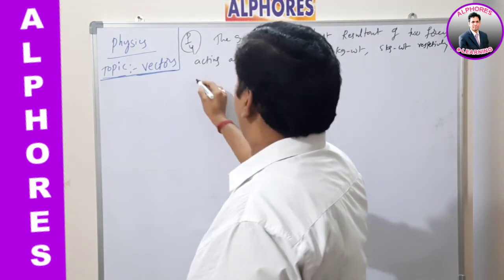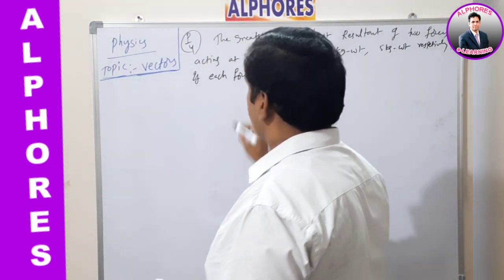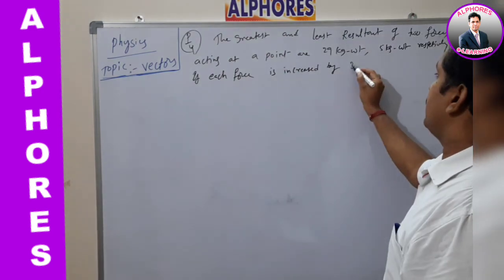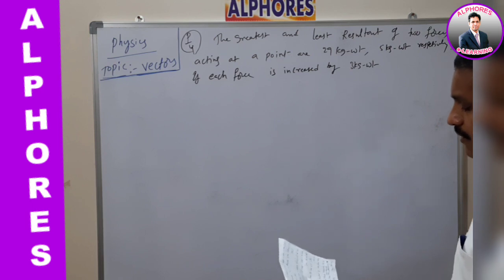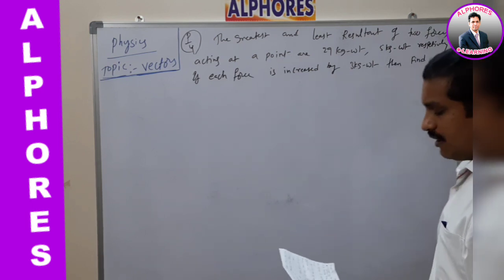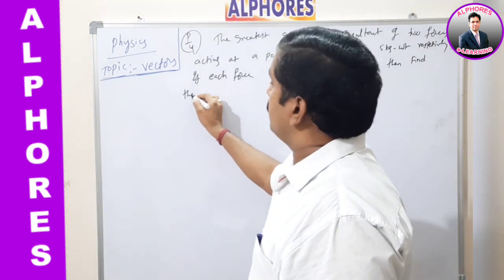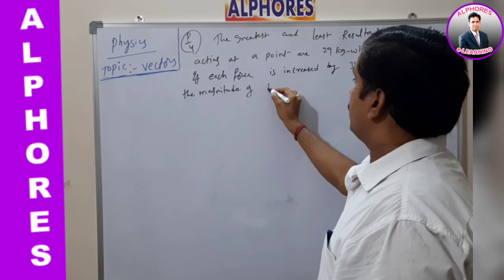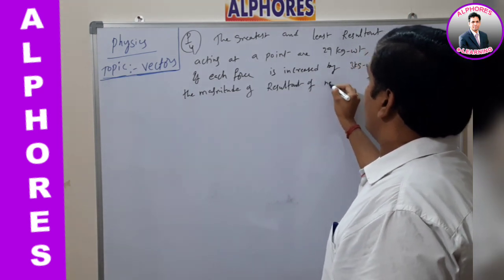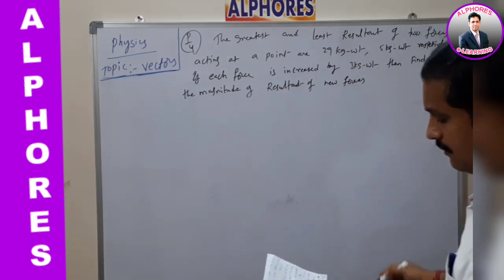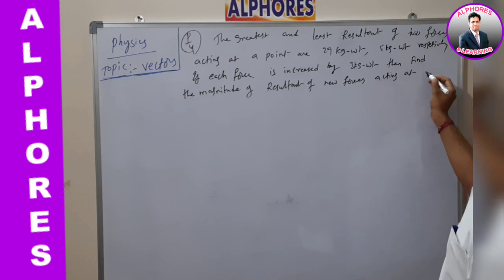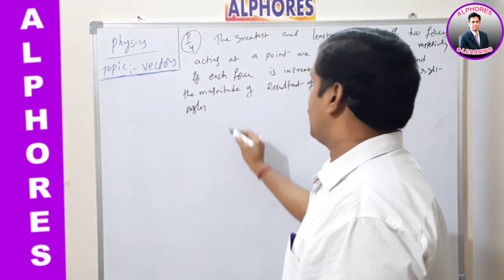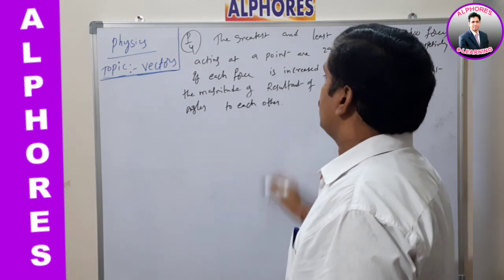If each force is increased by 3 kg weight, then find the magnitude of the resultant of the new forces acting at right angles to each other. So this is the question.